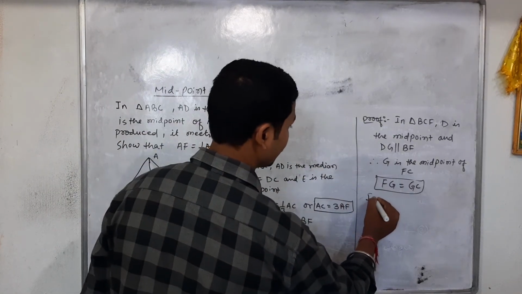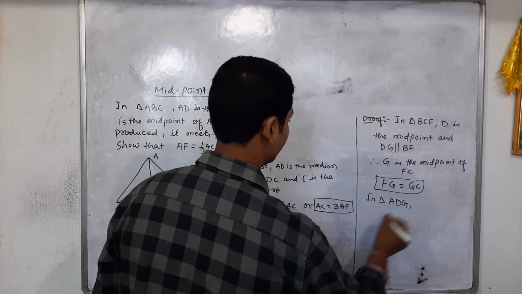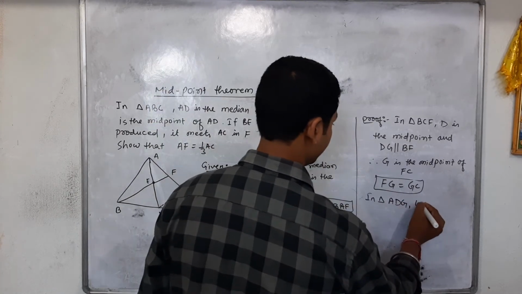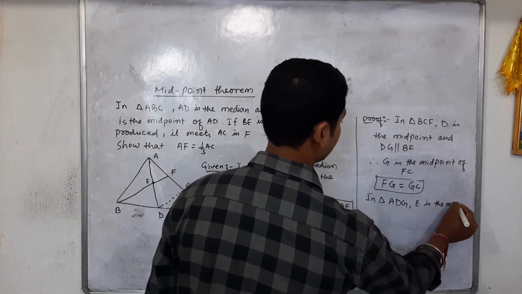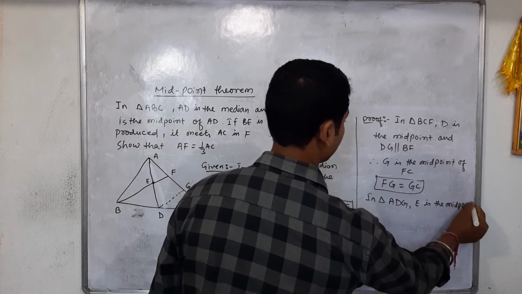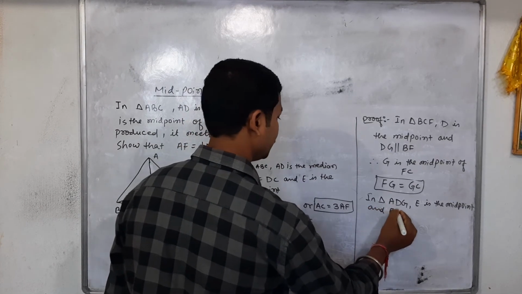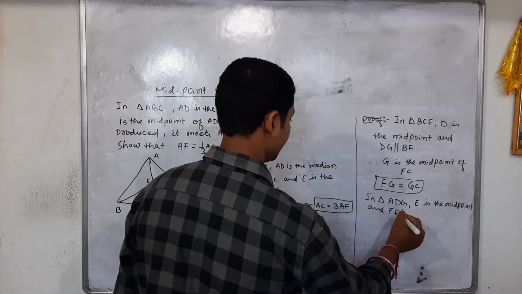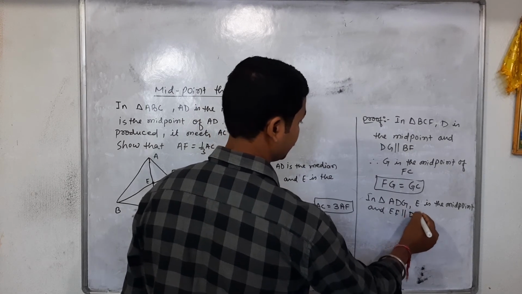Now in triangle ADG, E is the midpoint and EF is parallel to DG.